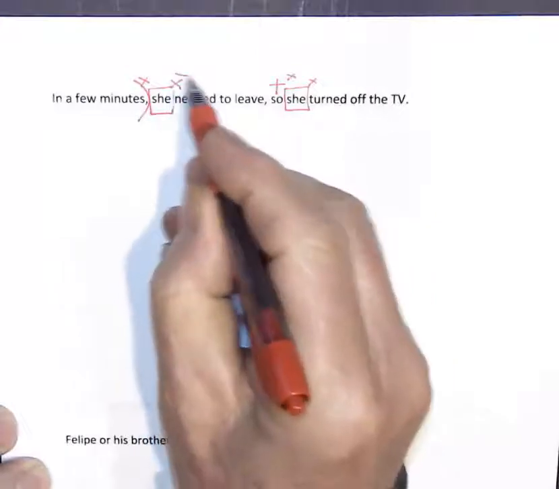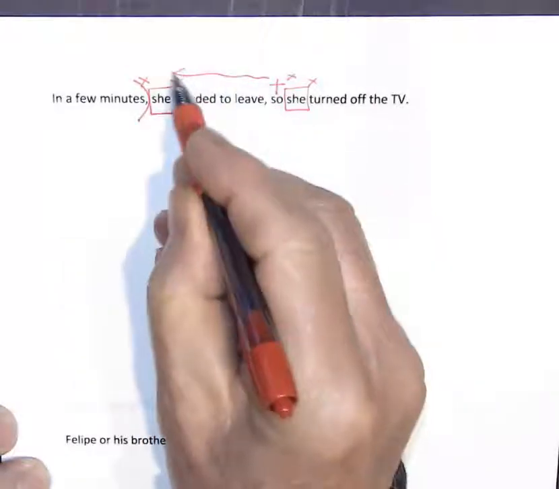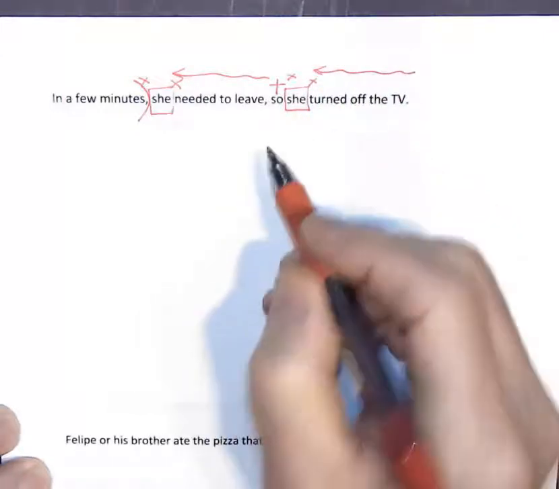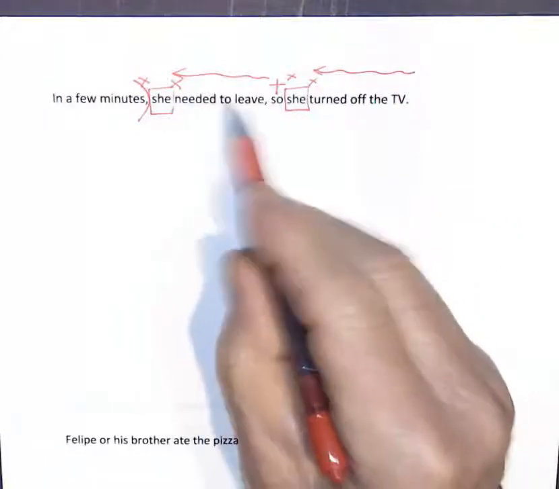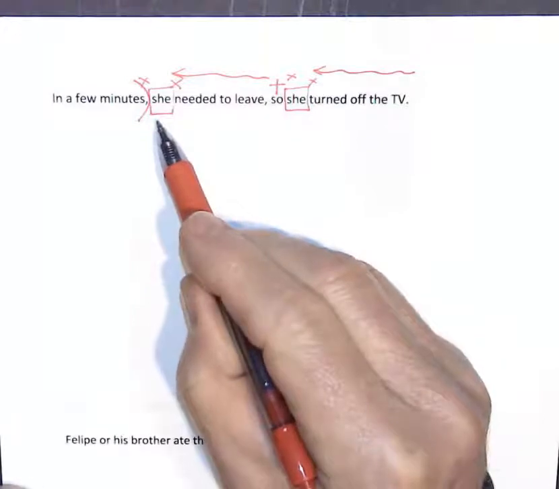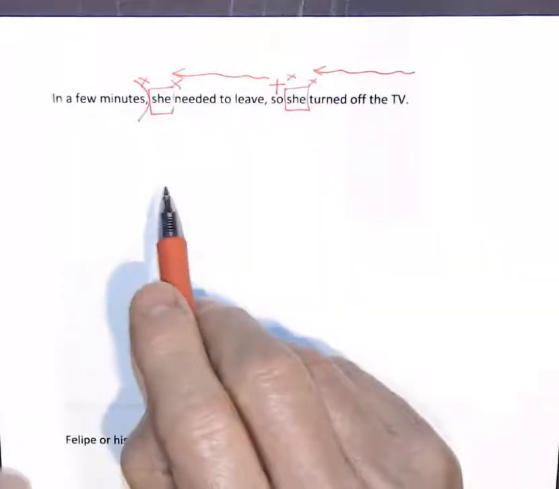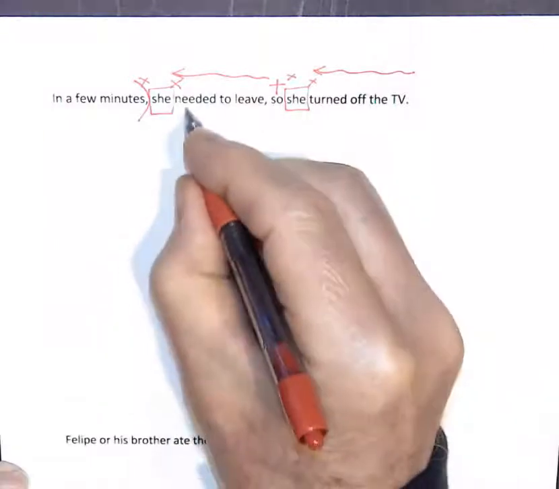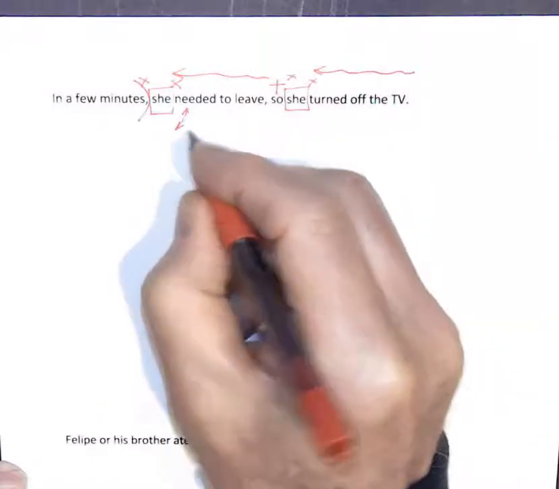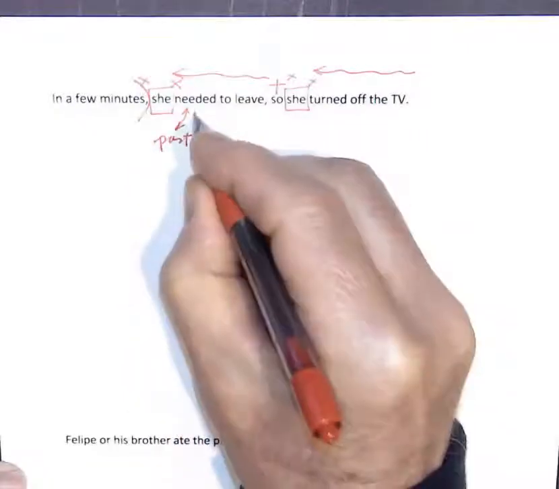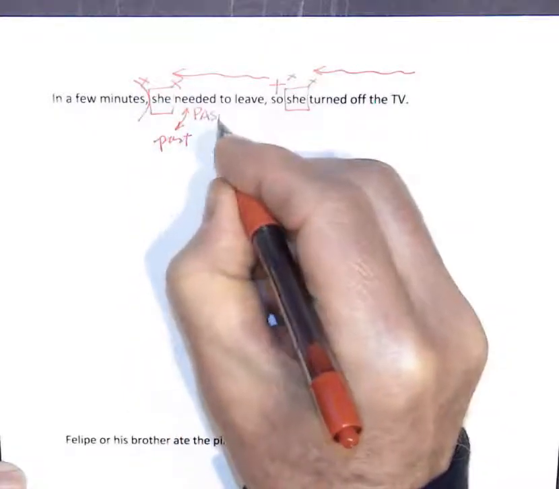We actually now seem to have two sentences. Before we had two predicates with one subject. Now we have two subjects and two predicates. So let's do one at a time. Needed is the past form.